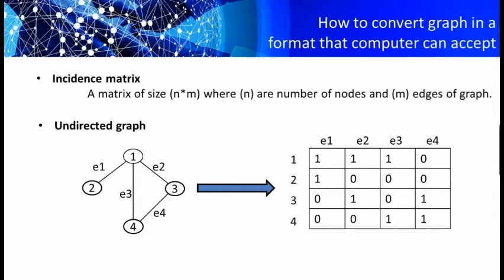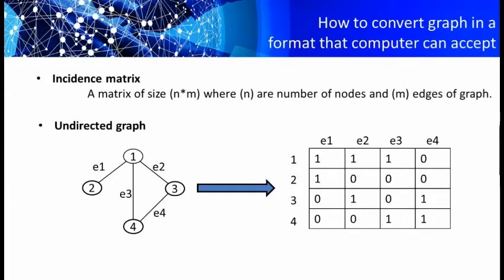How do we convert a graph into a format that a computer can accept? For example, the incidence matrix. We can define an incidence matrix as an n by m matrix, where n is the number of nodes and m is the number of edges of the graph. For example, in an undirected graph, 1, 2, 3, 4 are nodes, e1, e2, e3, e4 are edges.